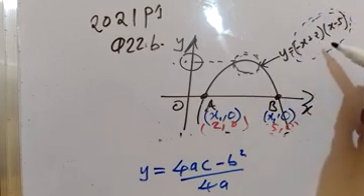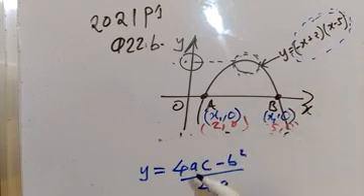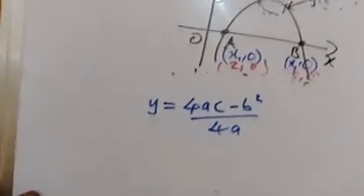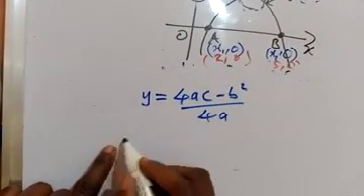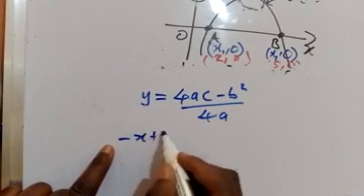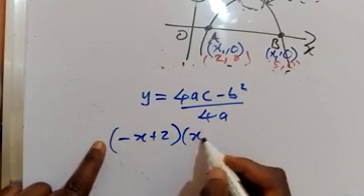After expanding it, you will find the values of a, b and c. So I'm going to write that expression like this. Look at this: negative x plus 2, then x minus 5.